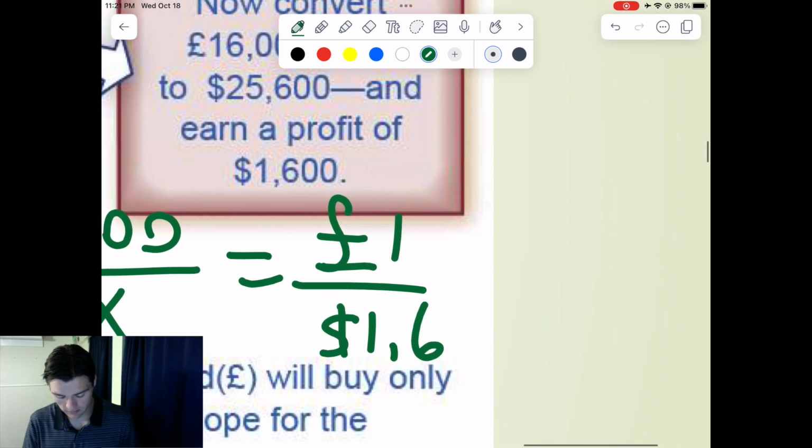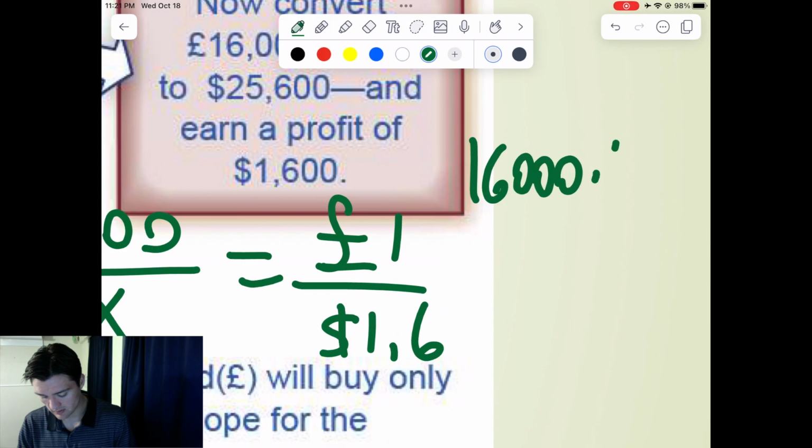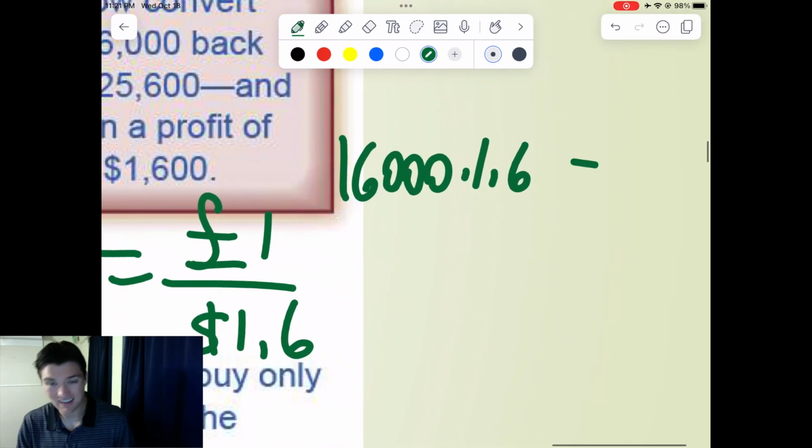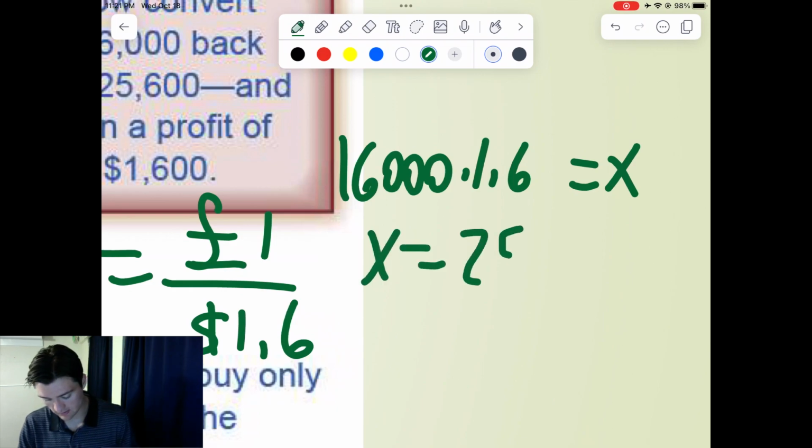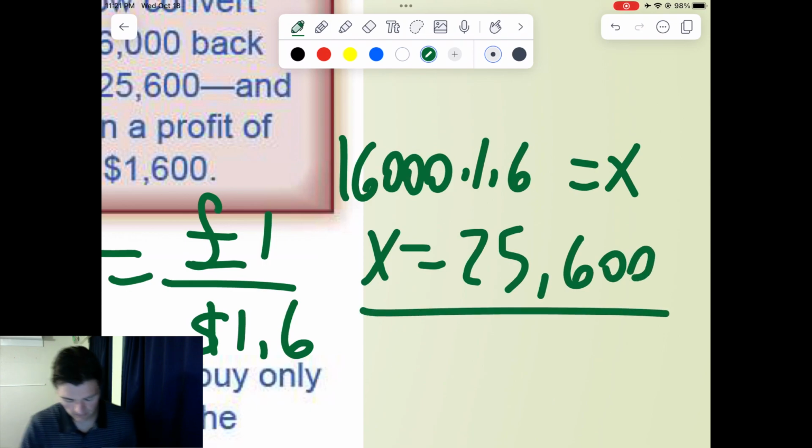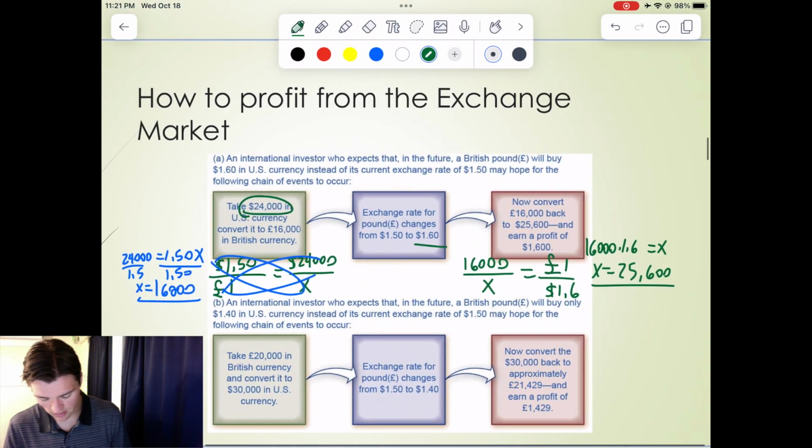We'll multiply 16,000 times 1.6, and this equals X, and so that would equal 25,600.